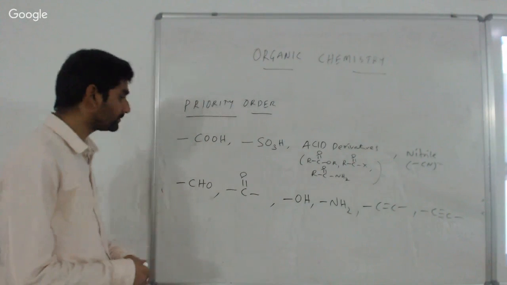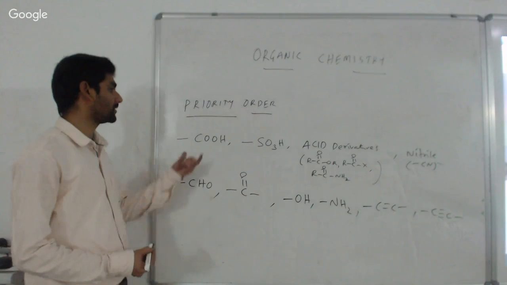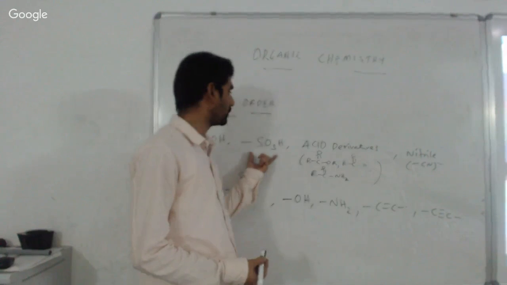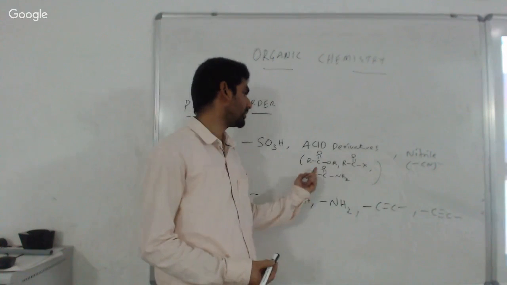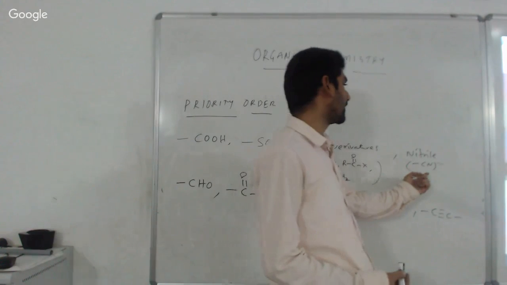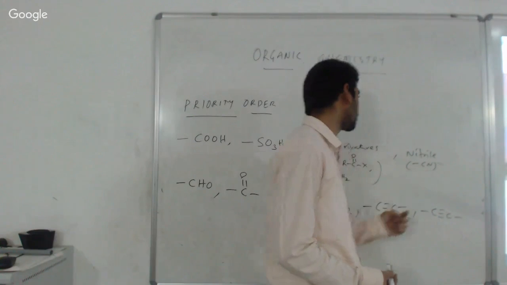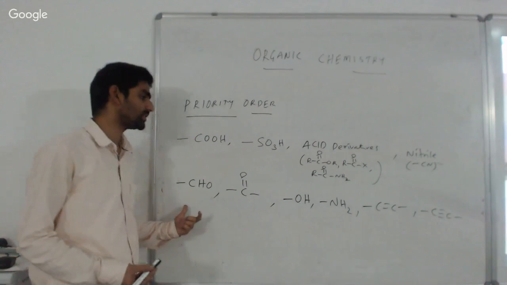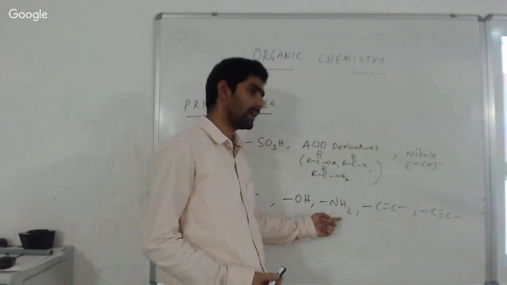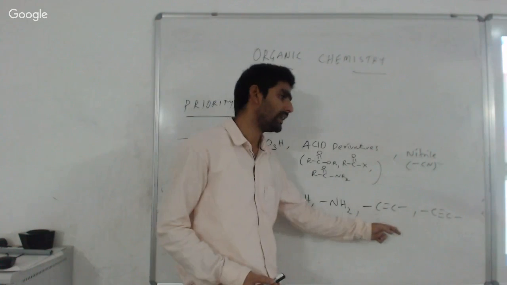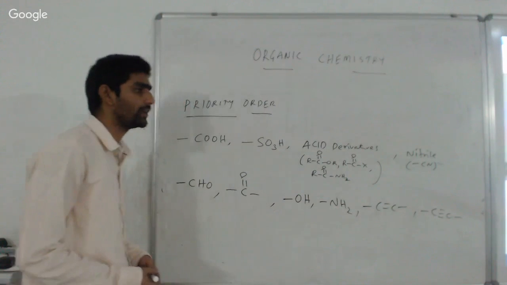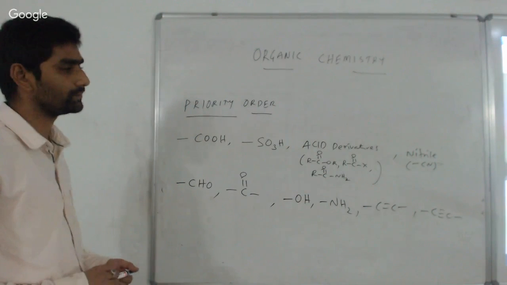First priority group is carboxylic acid. Second, sulfonic acid. Acid derivatives in that order: ester, acid halide, amide. Next, nitriles, the cyanide compounds. Next, aldehydes, ketones. After ketones, alcohols, amines, alkenes, alkynes. Then the substituents, like nitro, chloro, bromo, halo.